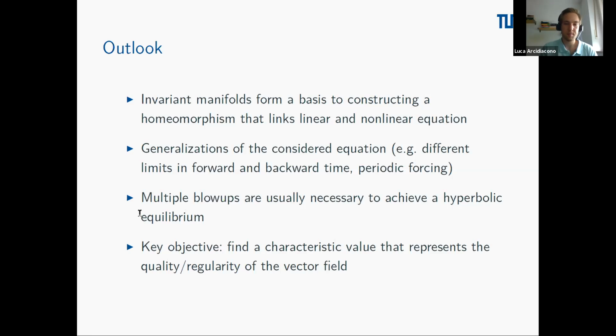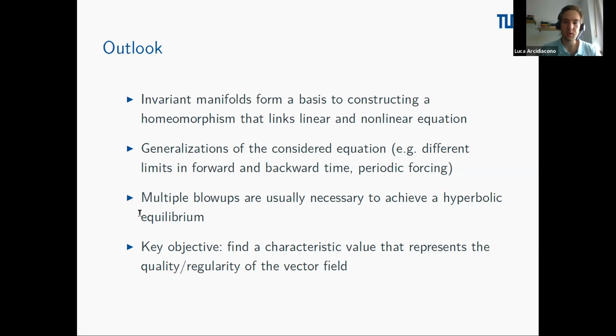But usually more than one is necessary, and for that reason we will seek to find a series of blow-ups that make it hyperbolic, and it is key at that point to find some characteristic value that in some way represents the quality of the vector field and which decreases.